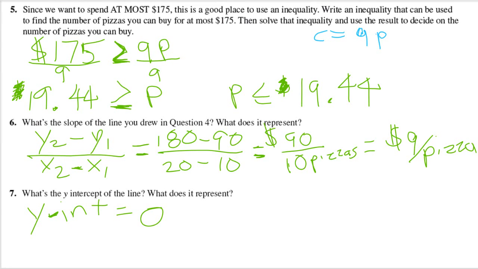When we say what does it represent, though, we're talking about what it represents in the context of the problem. The context means the story. So yeah, it's where the line crosses the y-axis. It's the cost for 0 pizzas. It's the y value when x equals 0. Those are all valid things.